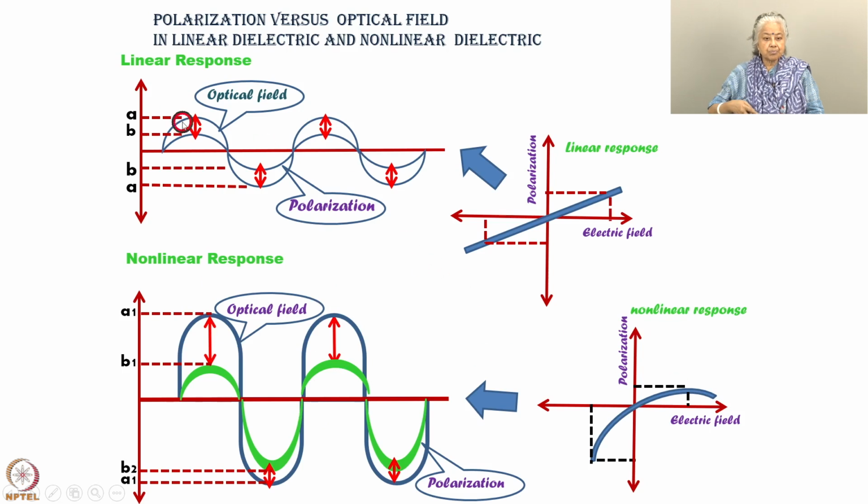So, just to give you a pictorial idea of the polarization versus optical field. This is the optical field, this curve, the tall one here. Okay. So, when it is linear, capital P is proportional to E only.